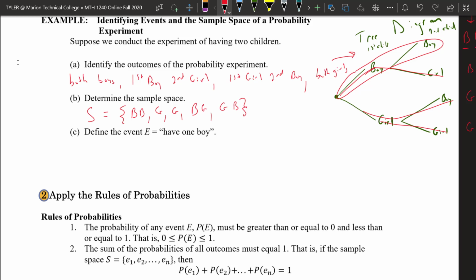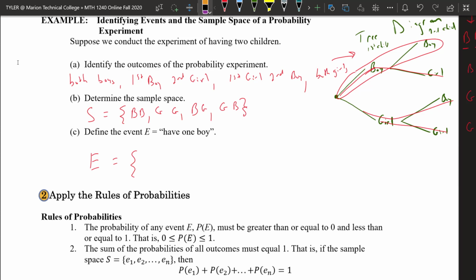So then now it says define the event E as having 1 boy, right? So E would equal any of the items in the sample space that meet the condition of just having 1 boy. So BB would not work, because that's 2 boys. GG would not work. Whoops, and there should not be a comma here.